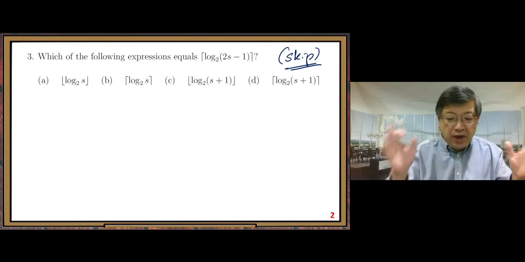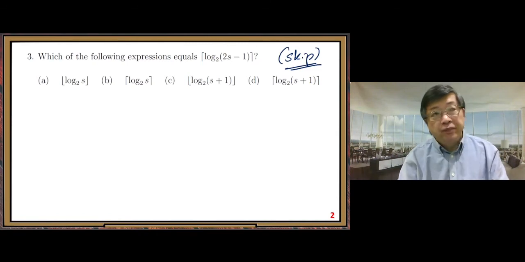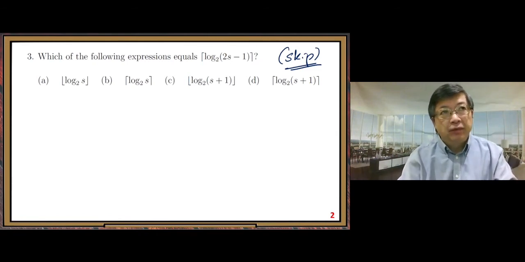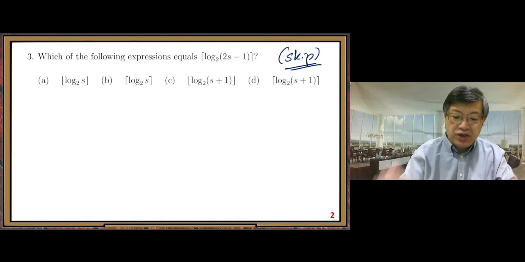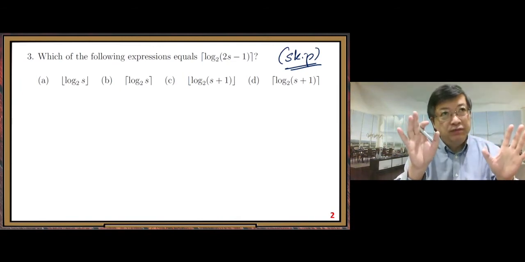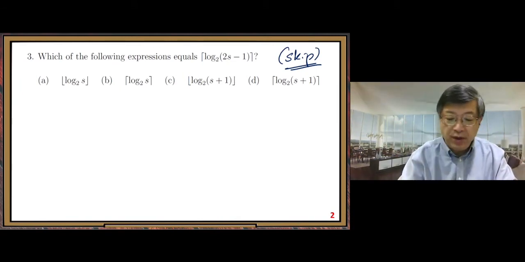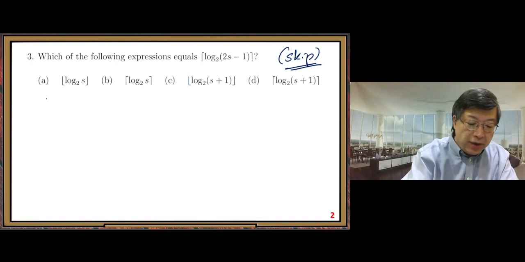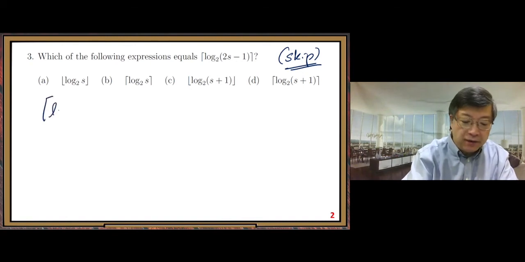So here, why did I skip it? Because if we just apply the formula, you know the formula. Here, in order to calculate this expression, we try to simplify it.